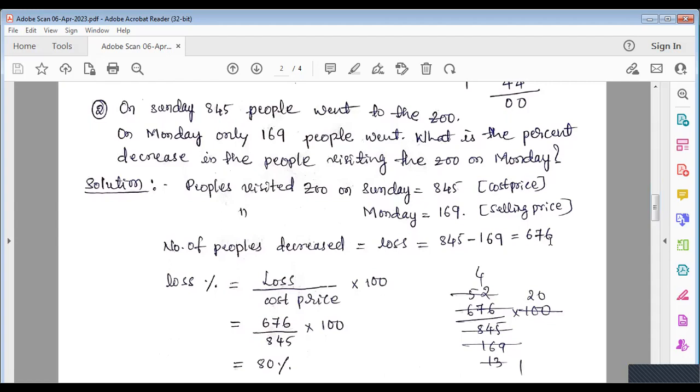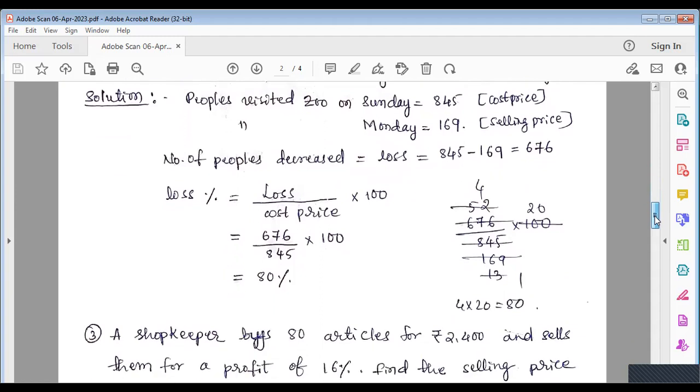So 676 fewer people visited the zoo on Monday. Then we have to calculate the loss percentage, or the decrease percentage, of the people who visited on Monday.